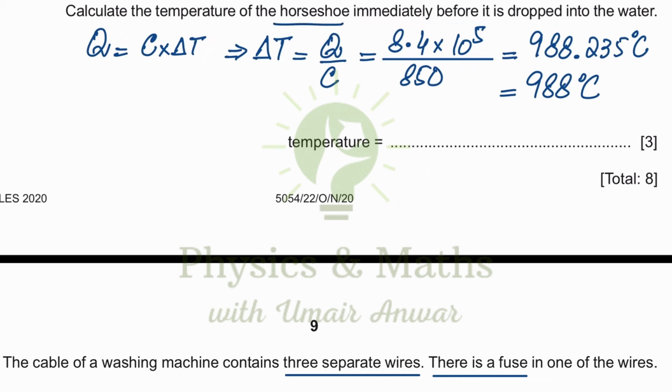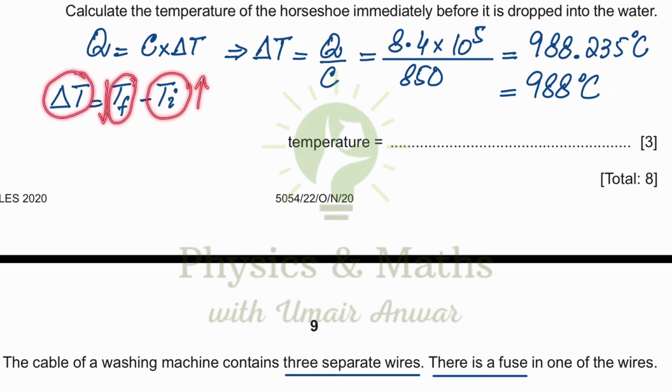So here I would write change in temperature would be final temperature minus initial temperature. Normally the final temperature is larger and the initial temperature is lesser if the temperature change is positive. In this particular case, we know that the initial temperature of the horseshoe was larger and it was losing heat to water, so the final temperature would be lesser.